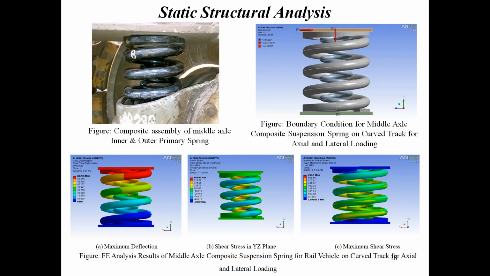So here these colored images are nothing but contour plots. First is the displacement, second is the shear stress, third is the maximum shear stress. You can see the color bar on the left hand side, the blue is the minimum, then the color zone increases, yellow-green is the intermediate, yellow, orange and then red.